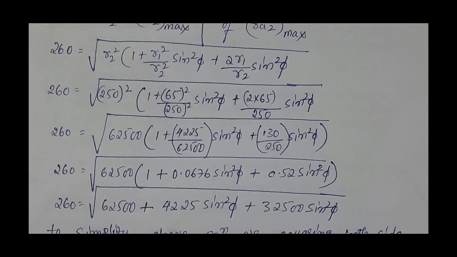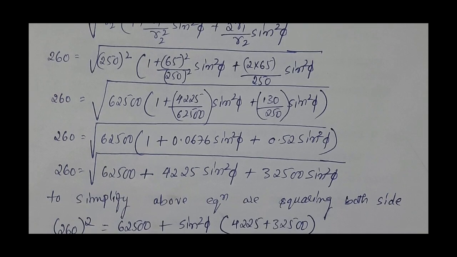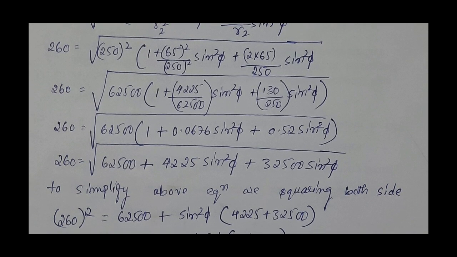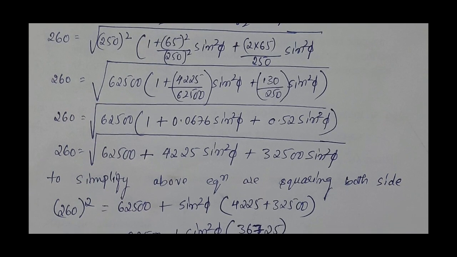If you substitute the values, 260 is equal to the square root of 62,500 times (1 plus this particular value, which becomes 0.0676, and this particular value, 130 divided by 250, which is 0.52). Now I multiply 62,500 with each term in the bracket. 62,500 multiplied with 1 gives 62,500. The second term, 62,500 multiplied with 0.0676, gives 4225 sine square phi.